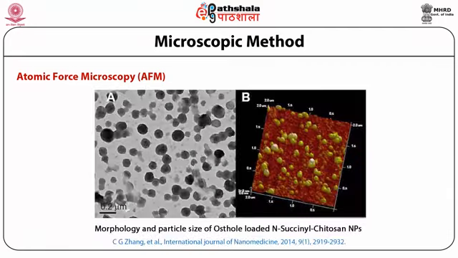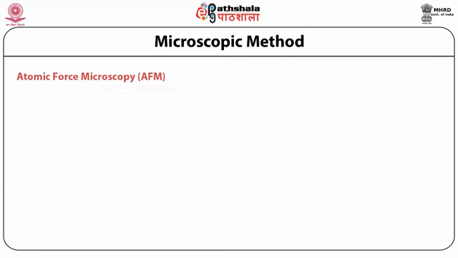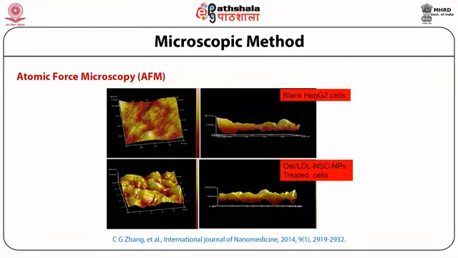So this is an image of particles. These are drug-loaded N-succinyl chitosan nanoparticles. We can see here that the yellow colored nanoparticles are clearly visible over the surface. Now this slide shows another application of atomic force microscopy, which shows the cellular uptake process of the N-succinyl chitosan nanoparticle.